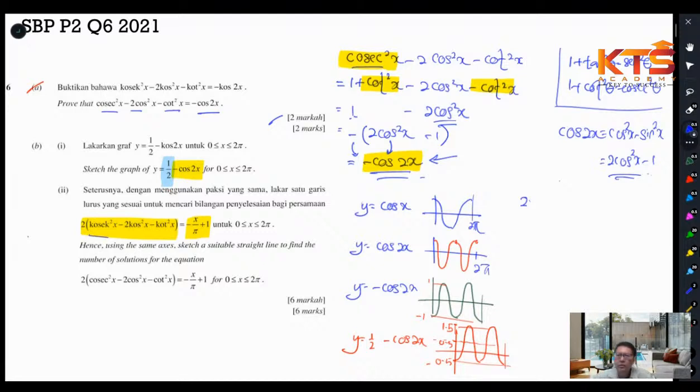This thing looks very familiar. Where have I seen this before? I think it's here. 2 times negative cos 2x equals to negative x over pi plus 1.